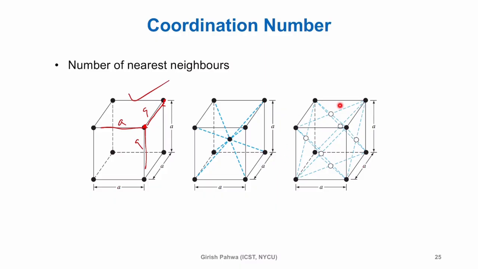What about FCC? 12. Anyone else? Okay, it will have 12. Now think why. 12 neighbors. 12 points which are equal distance to any point in the lattice.